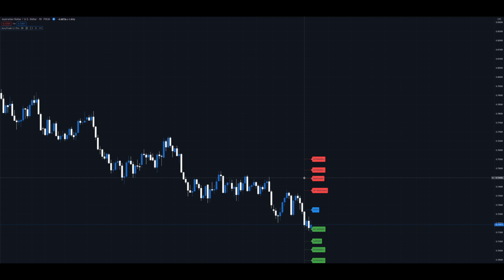Now, on the odd occasion, you will find that it will go through extension 1, might not directly retrace, but it will find its way back again within a few candles. That can happen, but that doesn't put you in any danger. The likelihood of a retracement here is very high.